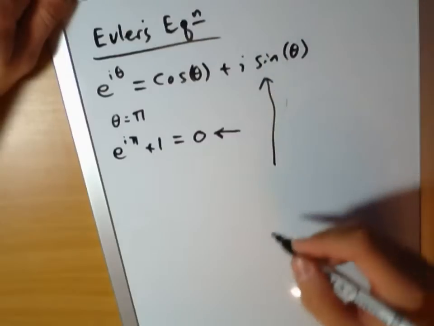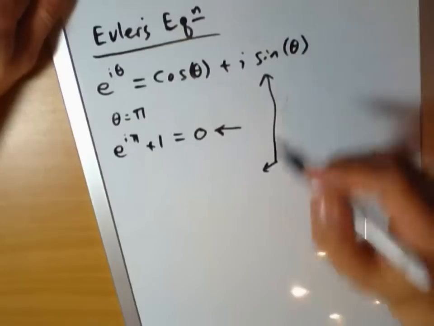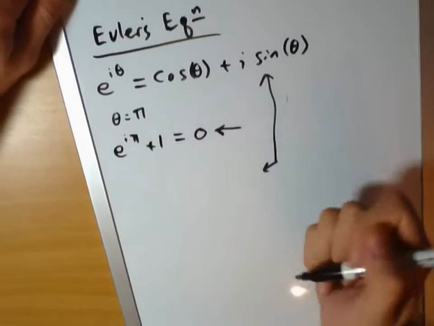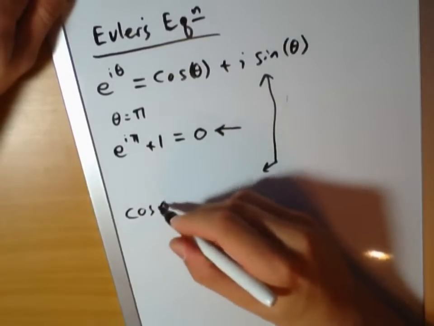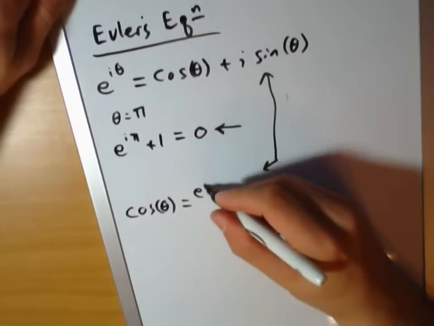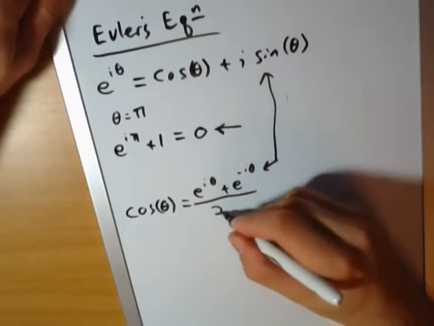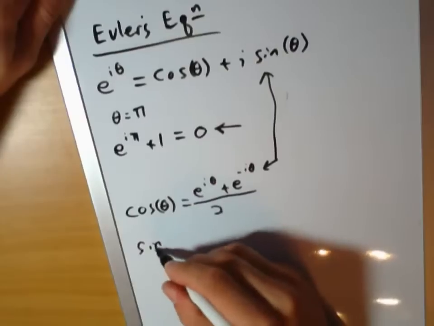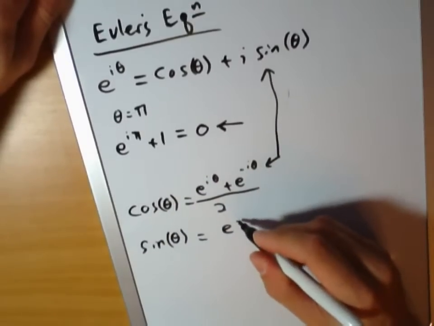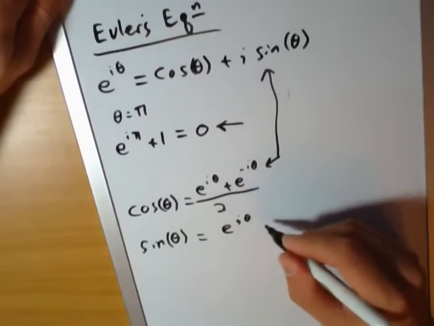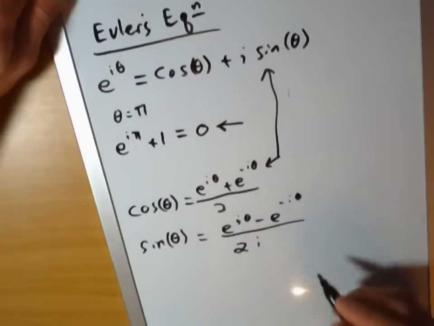Using Euler's equation, what we can do is we can get identities for cosine and sine. Isolating them, you would get cosine of theta equals e to the i theta plus e to the negative i theta over 2, and sine of theta equals e to the i theta minus e to the negative i theta over 2i.